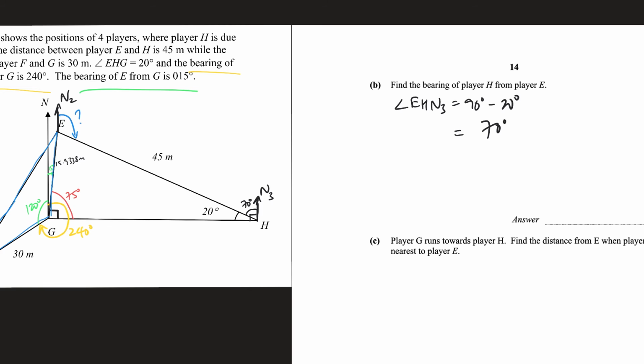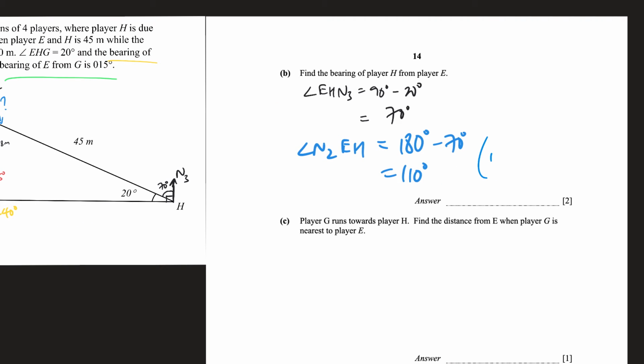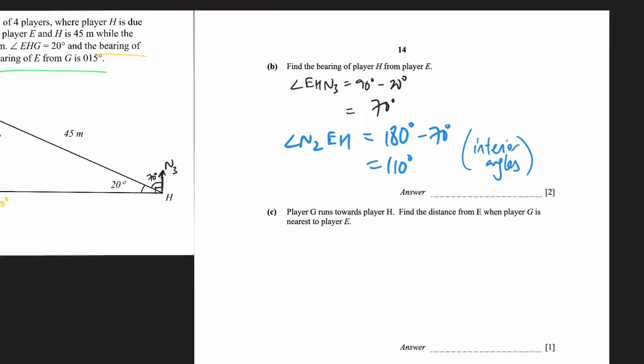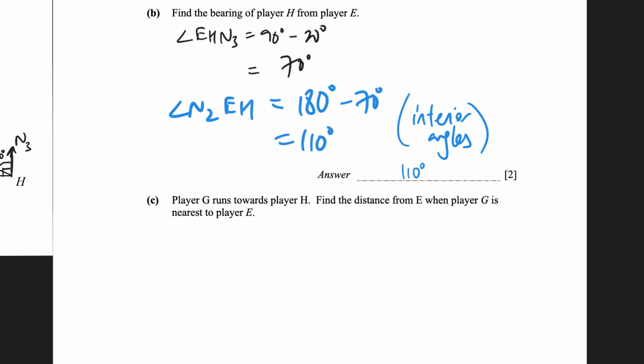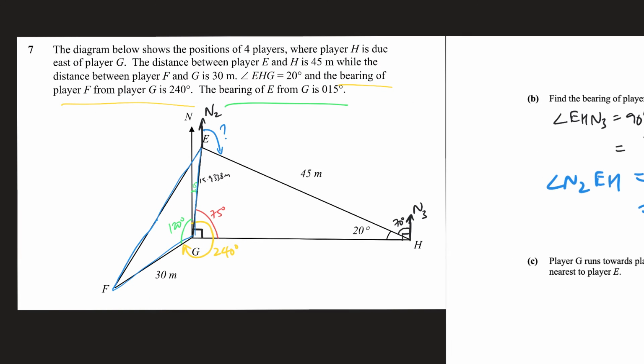So you can say that angle N2EH equals 180 minus 70, 110. And the reason being interior angles, 110. So this is 110.